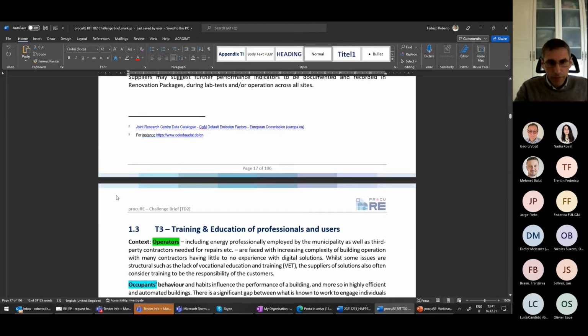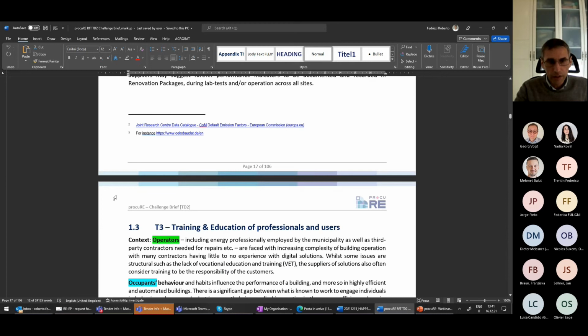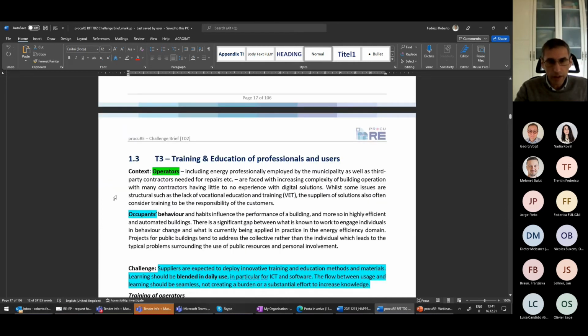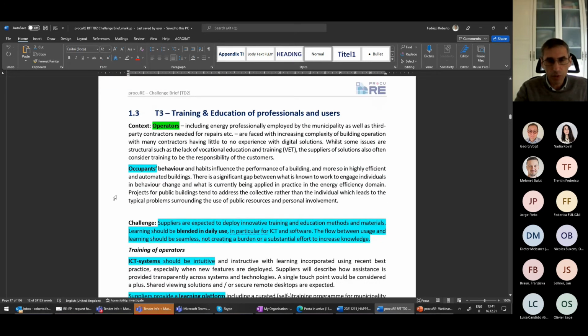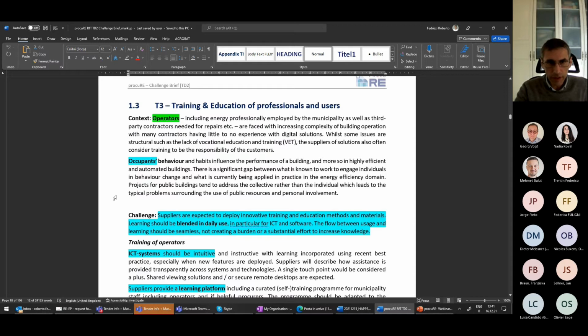From the technical perspective, again, T3 1.3 and T3 is looking into training and education. Training of the operators, again, which is facility managers and occupants.